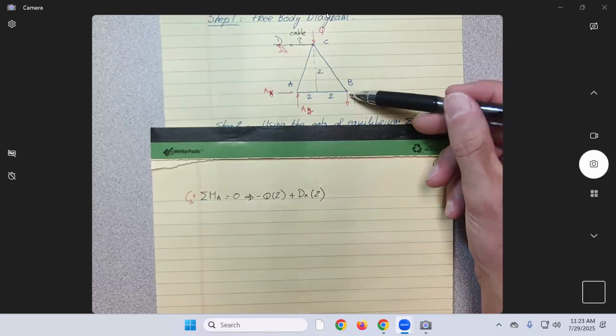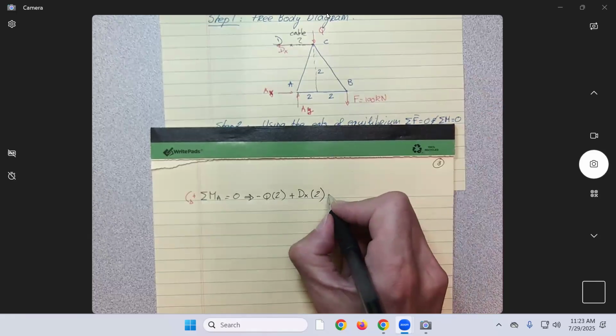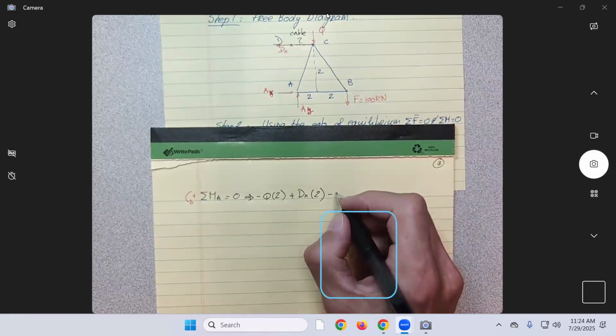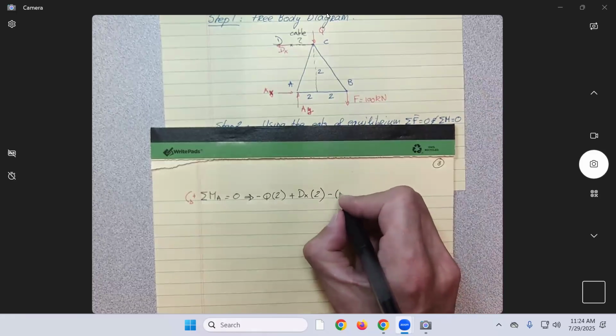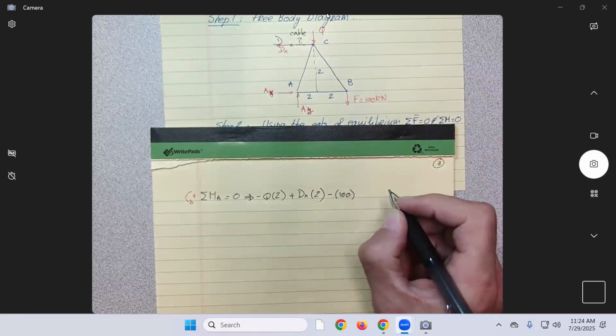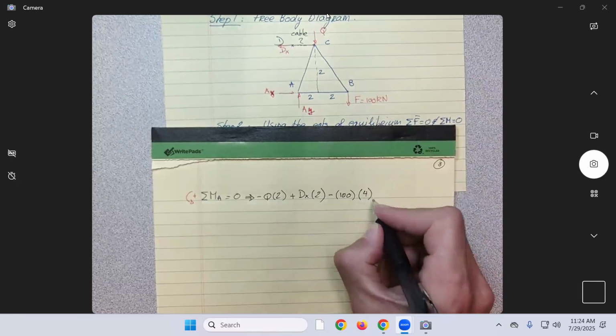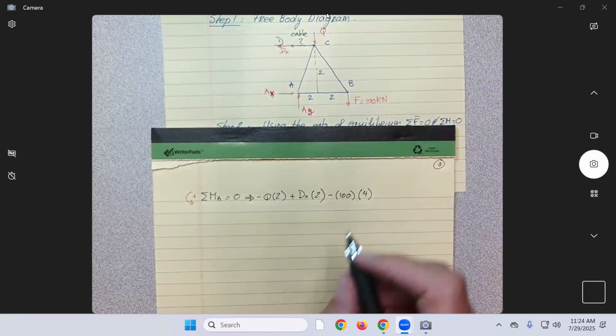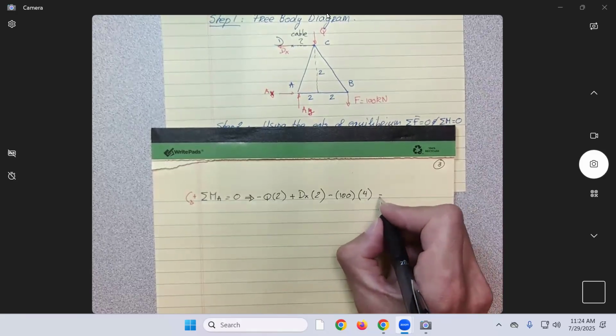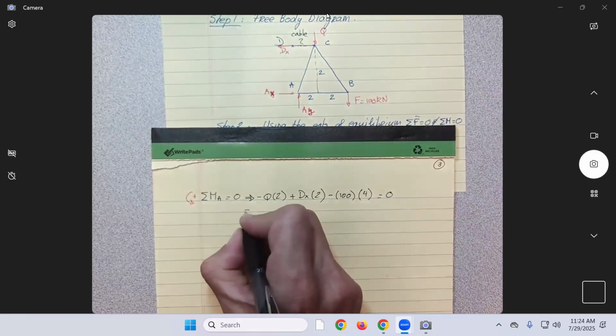And finally, we have the 100. The 100, does it go clockwise or counterclockwise? So we have minus 100 times, and the arm would be 4. And we have over here equal to 0.